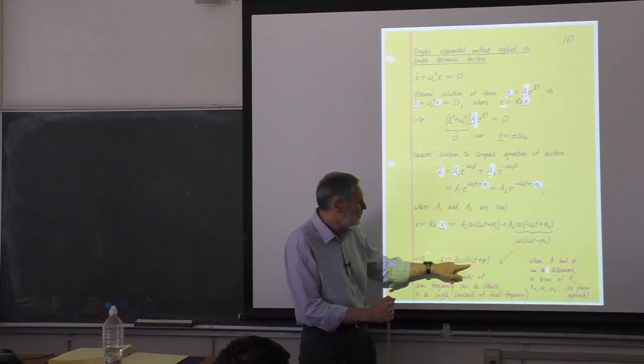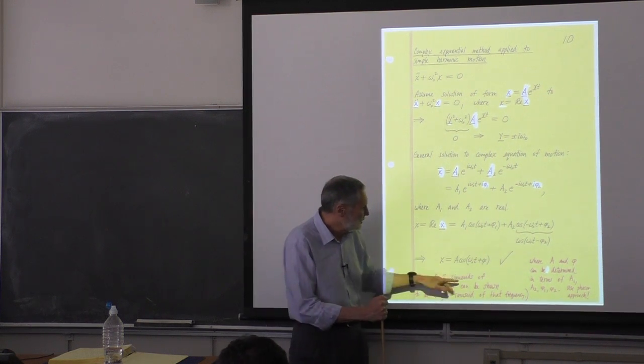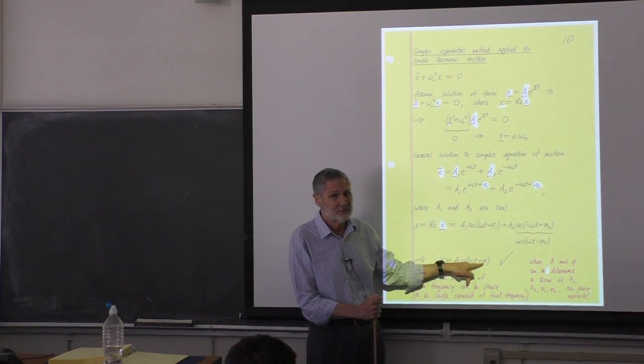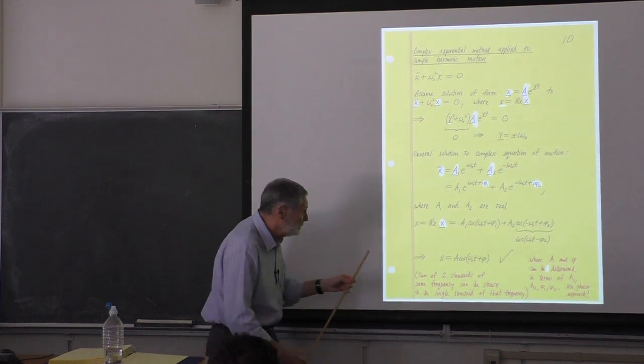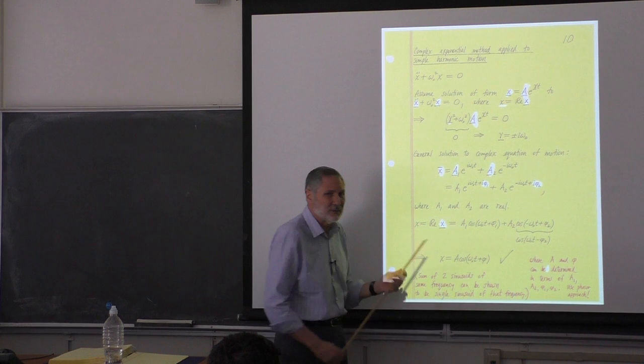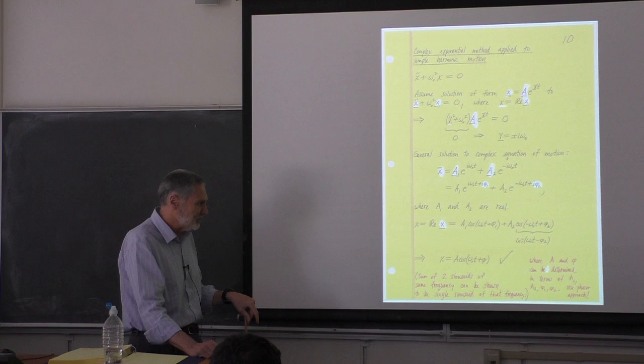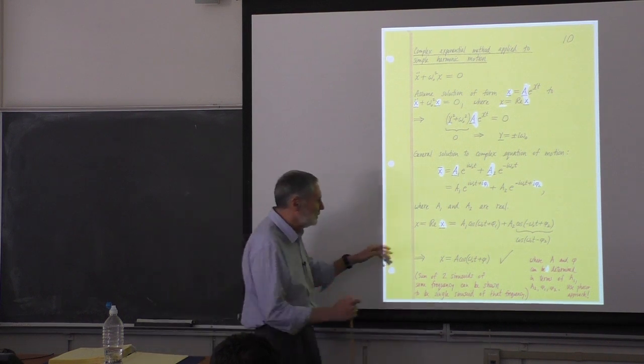And it's going to have omega naught t, because these are both going at that frequency, omega naught. And there's going to be some phase angle here. Now if you really want to, you can determine this amplitude and this phase in terms of these amplitudes and these phases, but people seldom do it, unless you are doing some kind of exercise. There's really no point to it.